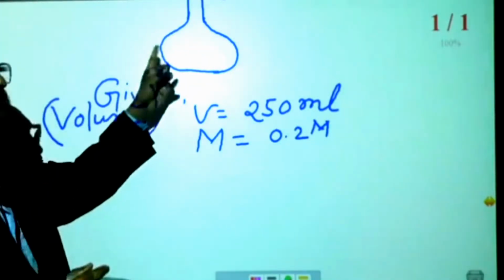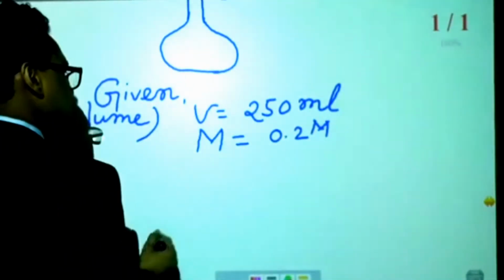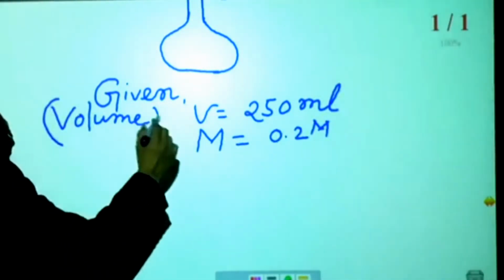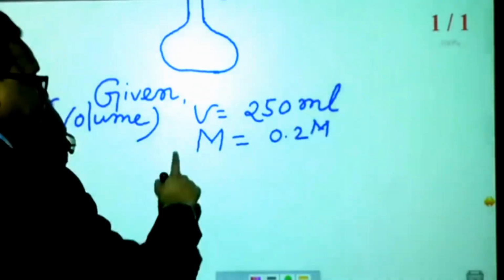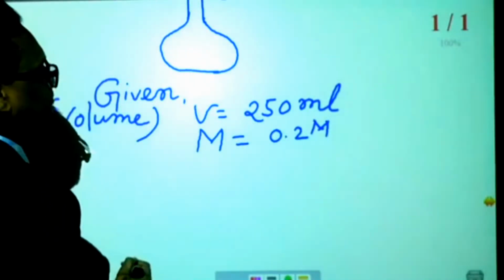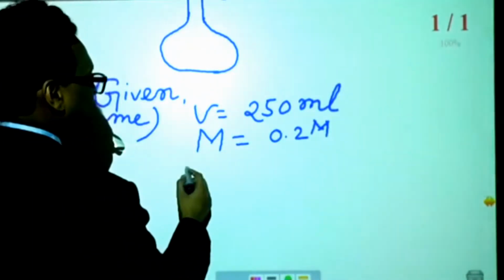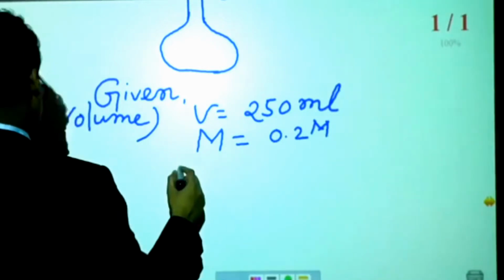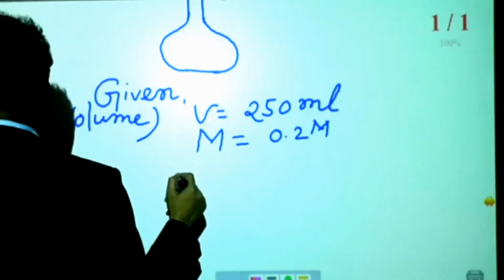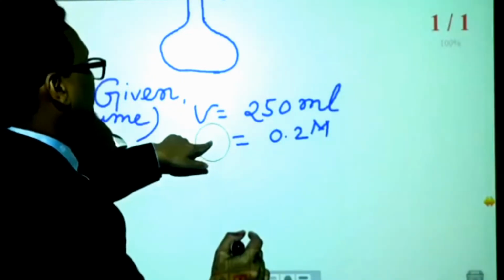Different sizes of volumetric flasks are given here. Please bring another one, a smaller one. So given V equal 250 milliliter and molarity 0.2 molar, and molecular mass, sorry my dear students, M will be molecular mass.